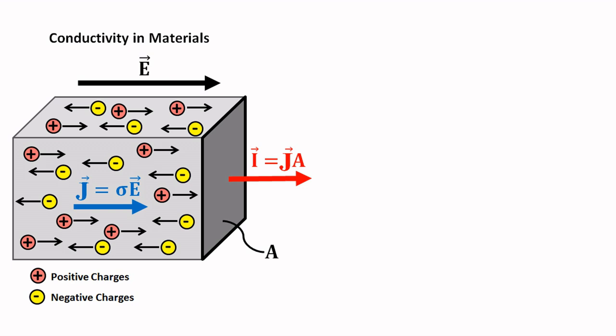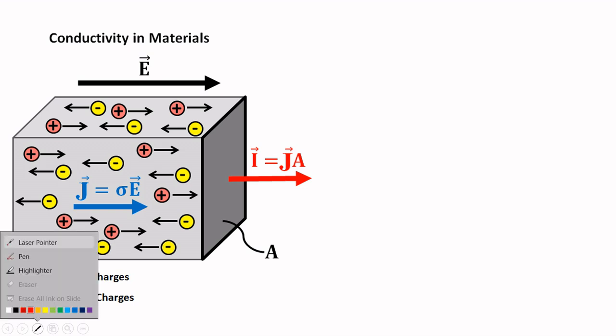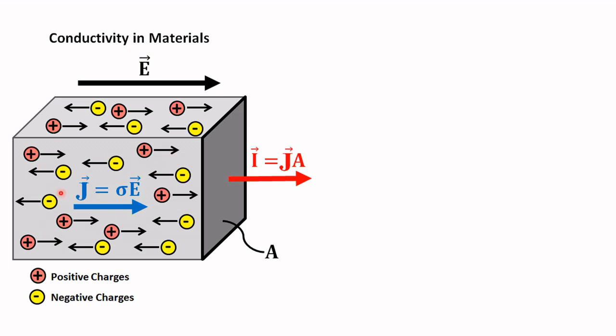So when you are sending current like this, say for example, this is a rock and you are sending the current into the ground, then the conductivity will allow the current to pass through the rock. If the resistance is more, then the current flow will be less.